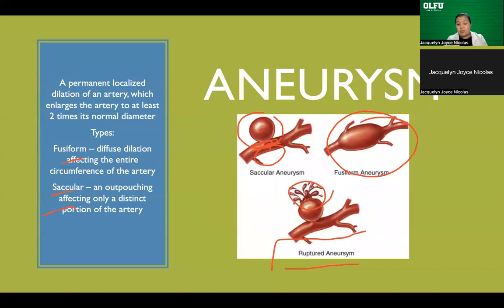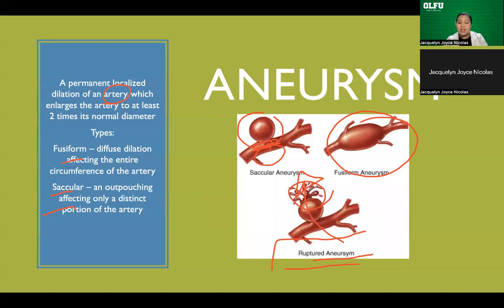So definitely, what would you observe? So if there is ruptured aneurysm, there will be profuse bleeding in that area. And ano uli ang nagdilate dito? Is it the vein or the artery? Ang nagdadilate sa aneurysm is an artery. And what does the artery carry? It carries oxygenated blood.